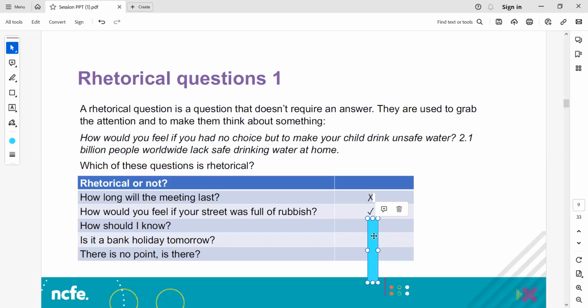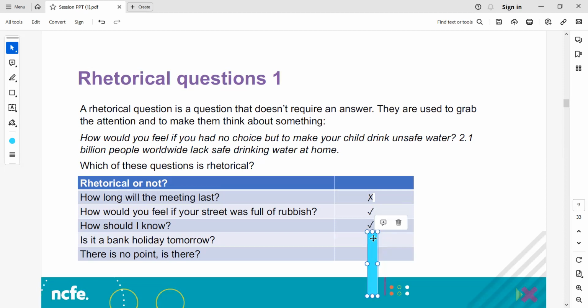How should I know? Does it need an answer? Yes, it needs an answer. Does everyone agree, or do you think it's rhetorical? It's rhetorical. Yes. It's the sort of thing people might say if they're a bit annoyed.